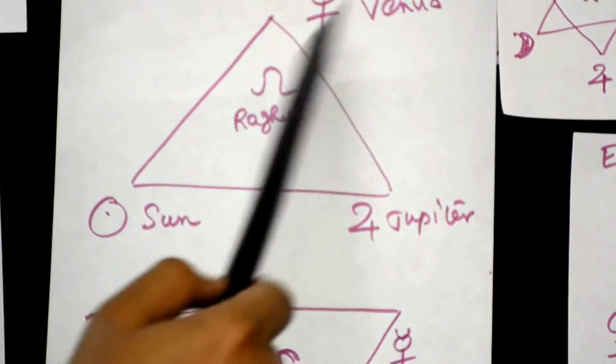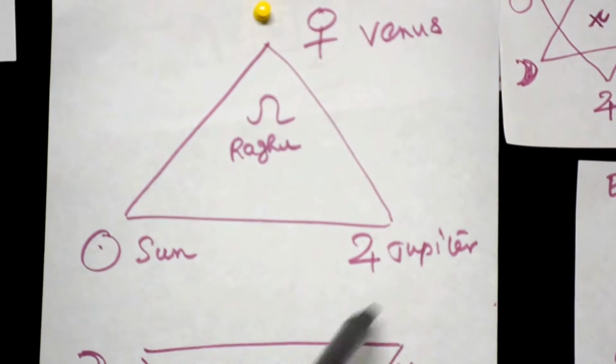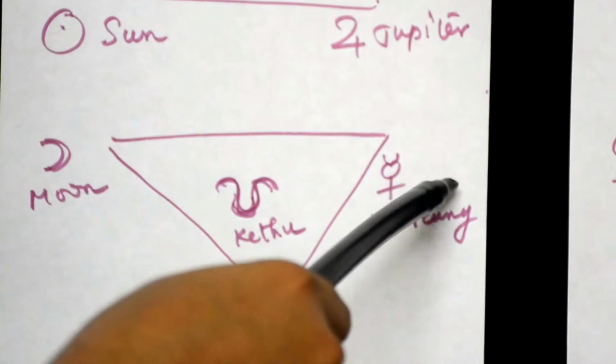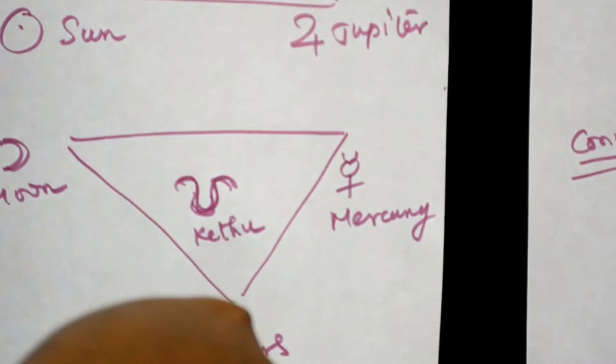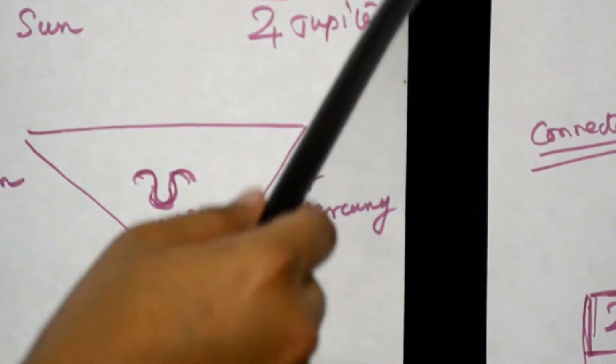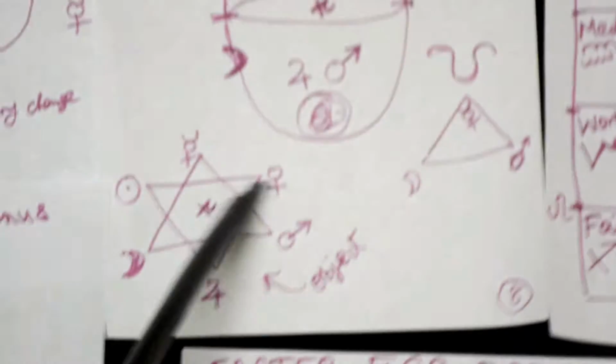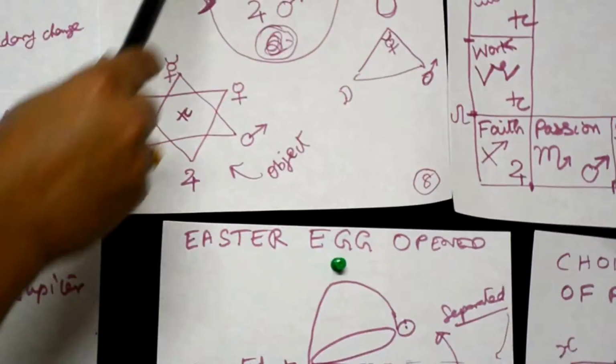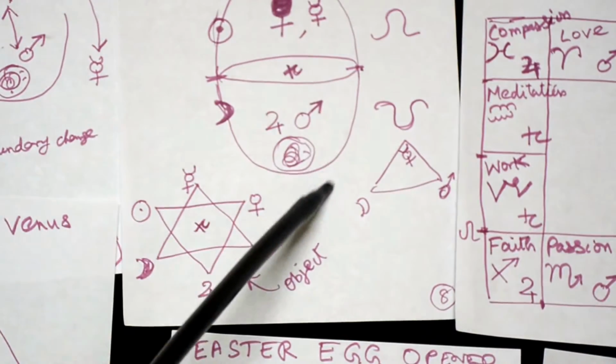So this is called Sun, this is called Venus, this is called Jupiter. And when the part is upright, you have boundary as Moon, outside as Mercury, inside as Mars. So they both form two separate triangles, and they both are connected to the Easter egg.